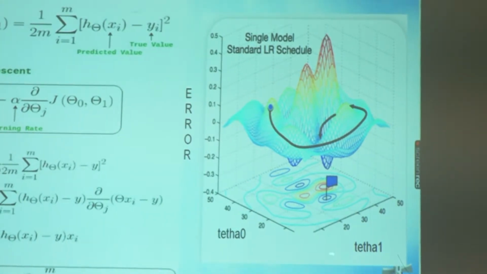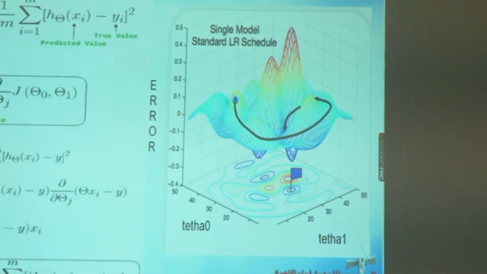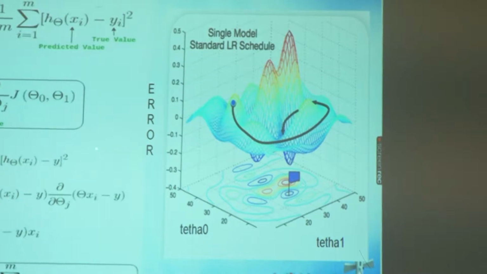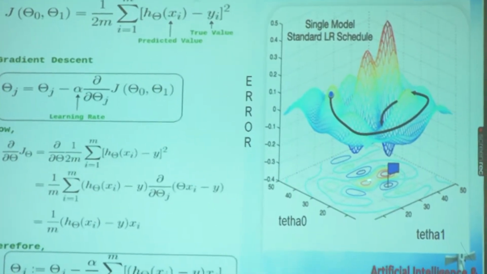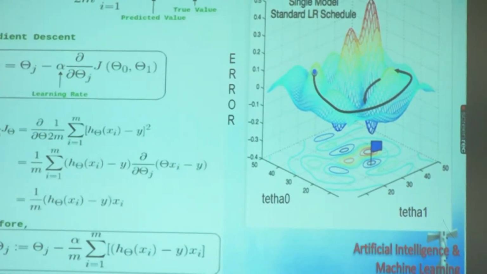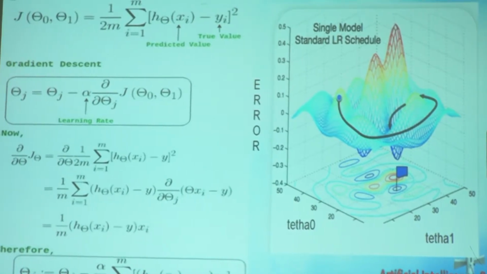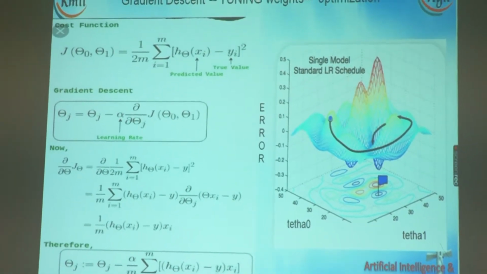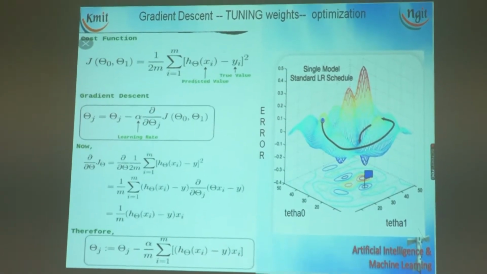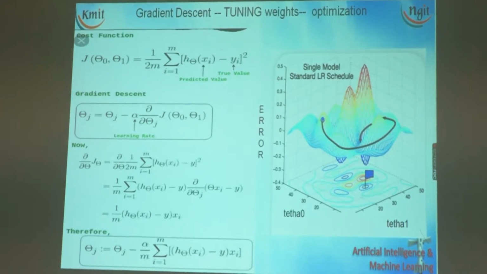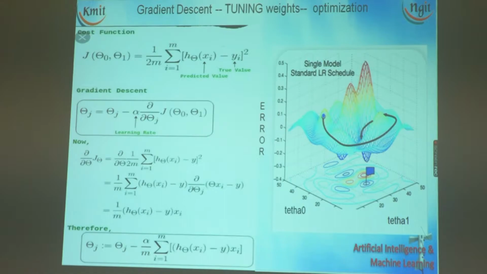I am updating theta naught and theta 1 such that I am going to get to a saddle point. When I get to a saddle point, this is the flag that that is the best fit. Up to which point do we need to update the weights or the theta coefficients? Until we reach the saddle point. What is the saddle point?